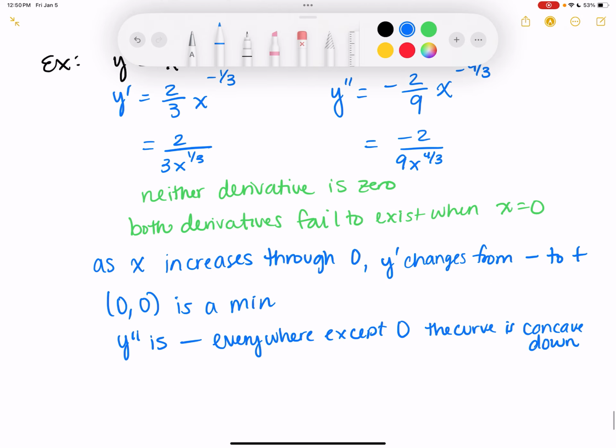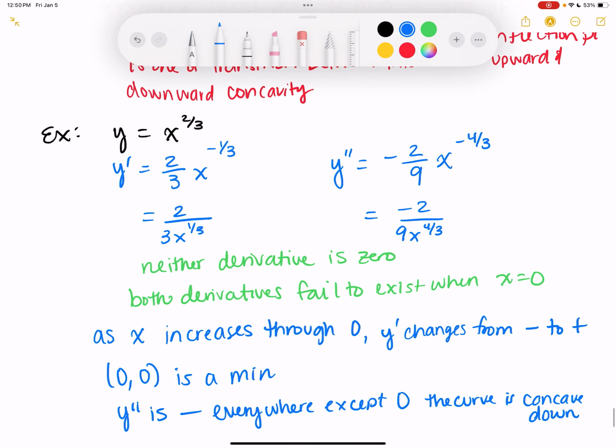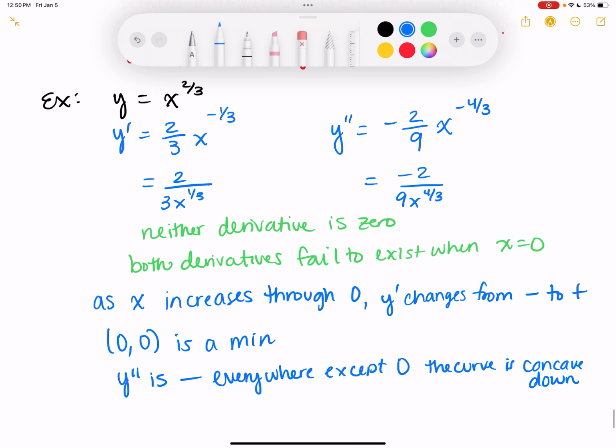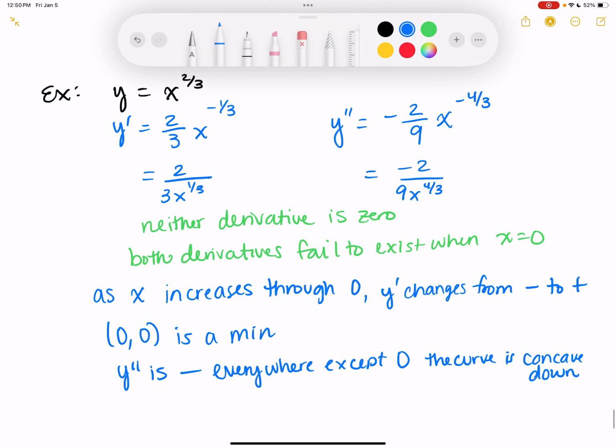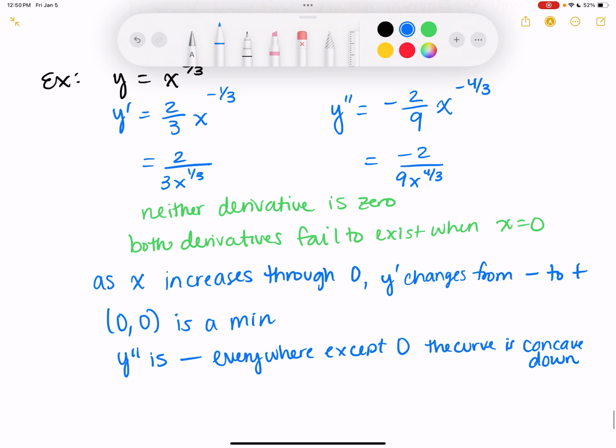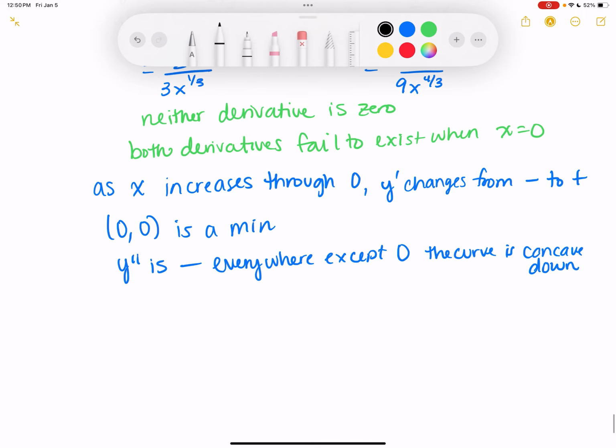So if we were to pick a couple points and graph this original equation, basically we have a min at 0, 0. So I've got a minimum there, and I'm doing x to the 2/3.